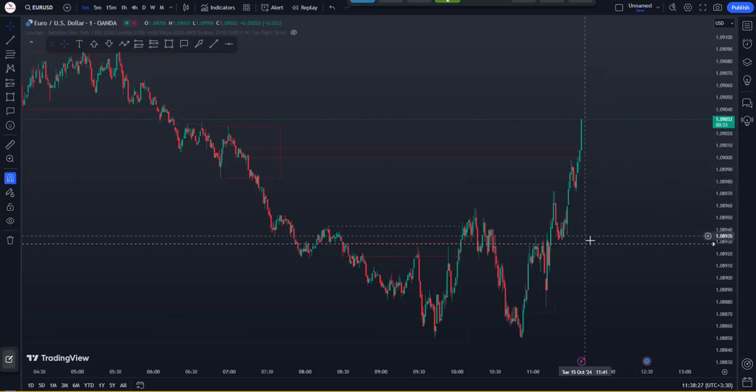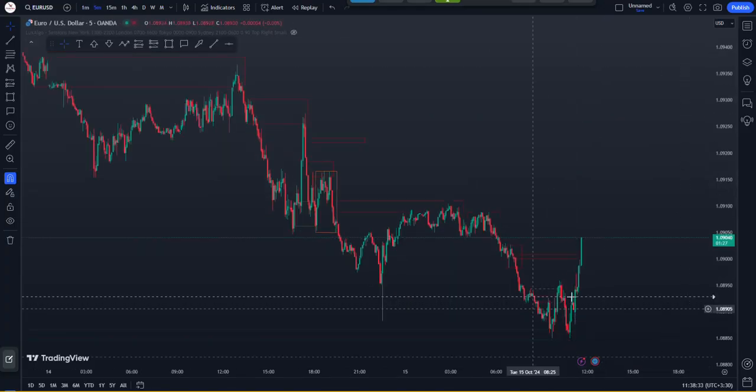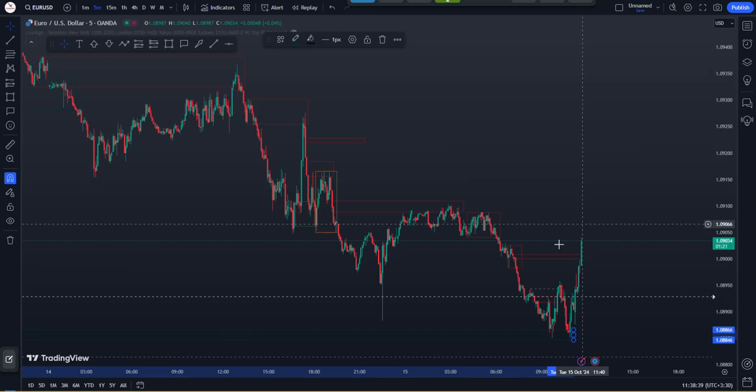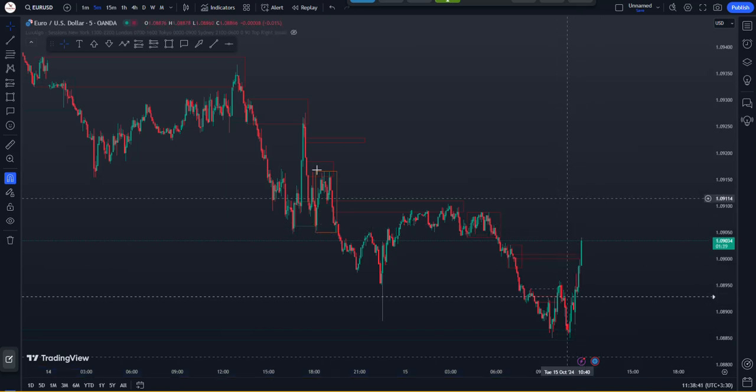So waiting for price back to here and see what happens. Good luck to anyone going long from here, and I have some profits already.